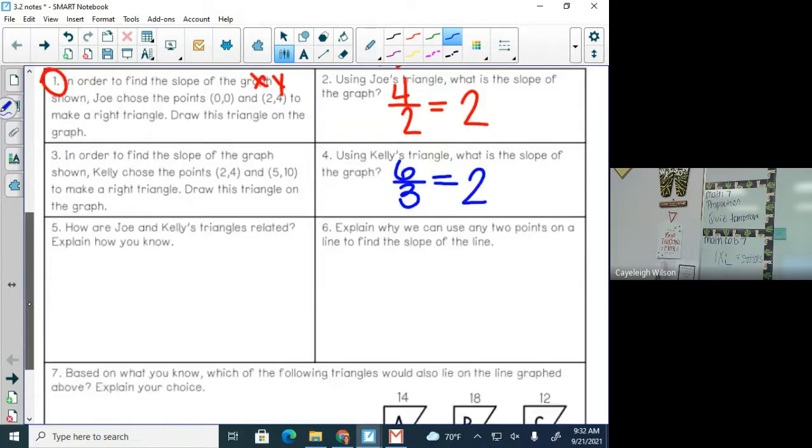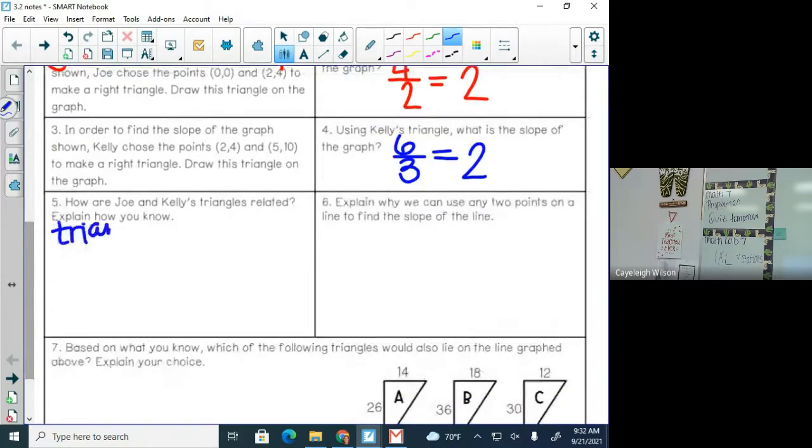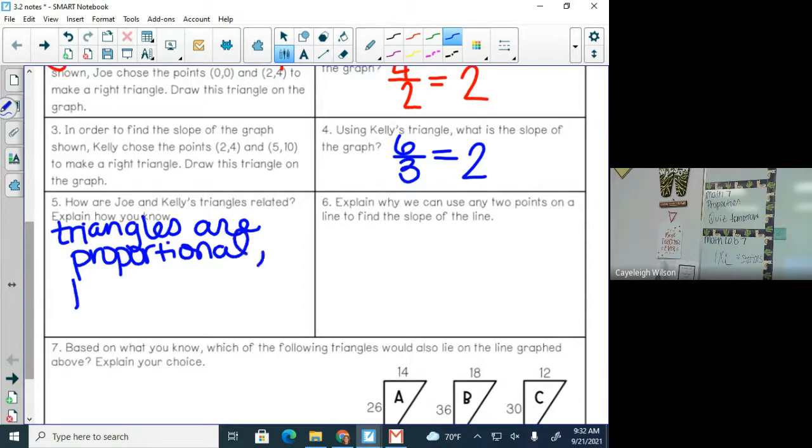Okay? And these triangles are proportional. And the reason that they're proportional is because the slopes are the same. And what does the word proportional mean?